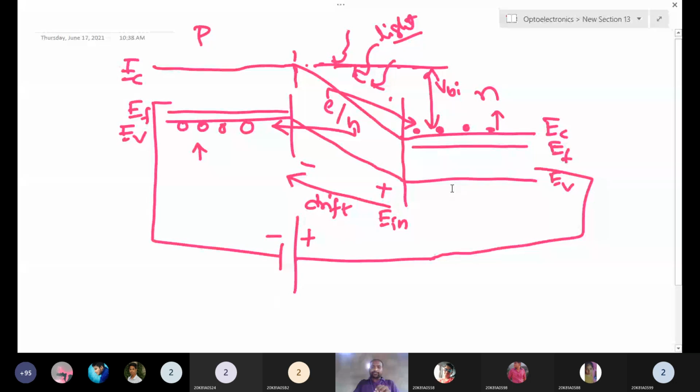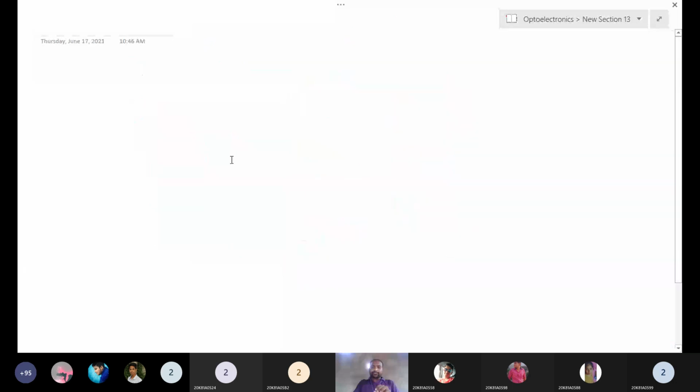So we will see the circuit diagram. This is also an experiment you have, but now we cannot do it. Here we have the solar cell. Here we will shine the light. Here we will connect the ammeter. This is the ammeter, and here we have a series resistor, series resistance, Rs.